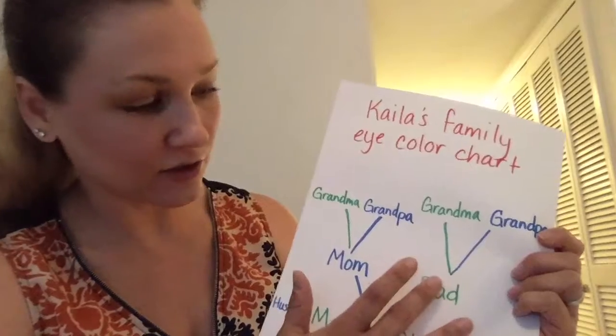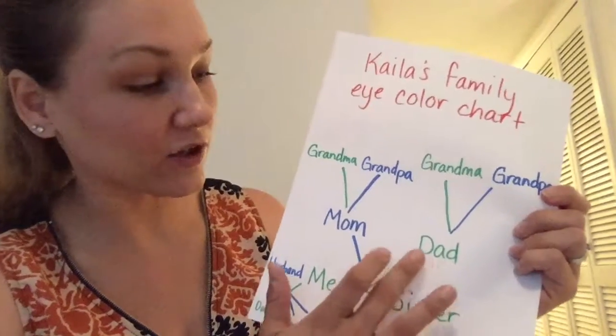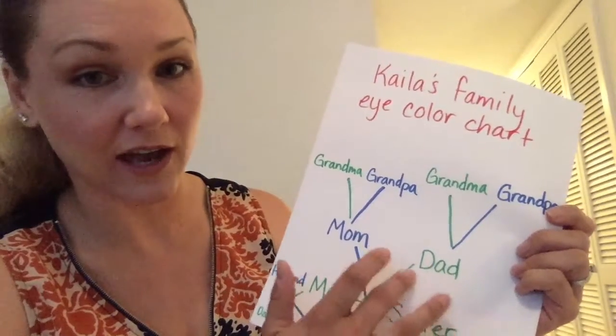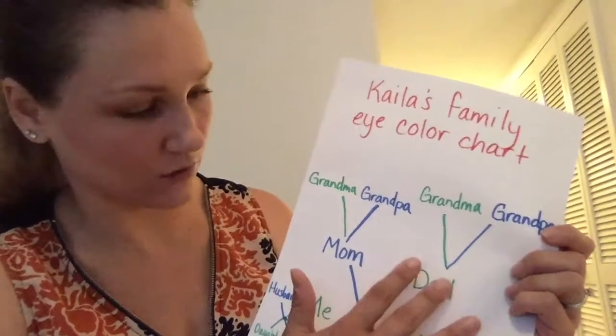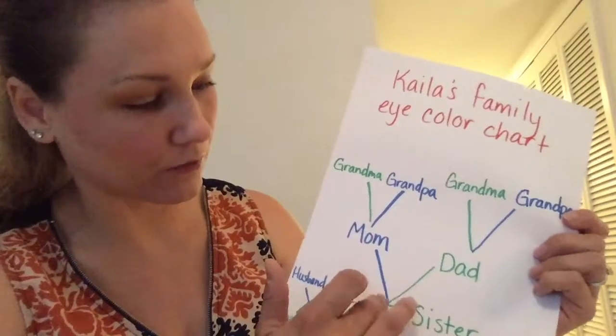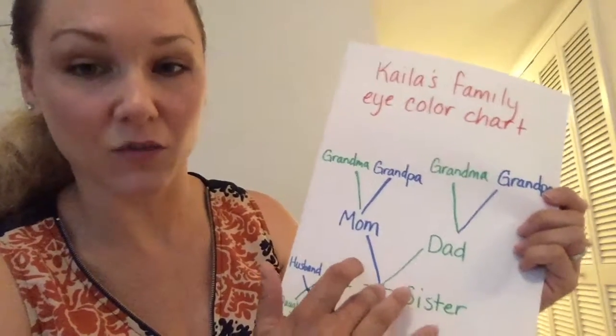Now my dad could have either 2 dominant greens, or he could have a dominant green and a recessive blue, and so he has green eyes. So it's possible that he could have either one of those. So for me, I feel pretty confident that I inherited a blue from my mom and a green from my dad, and the green is dominant, and so that is why I have green eyes.